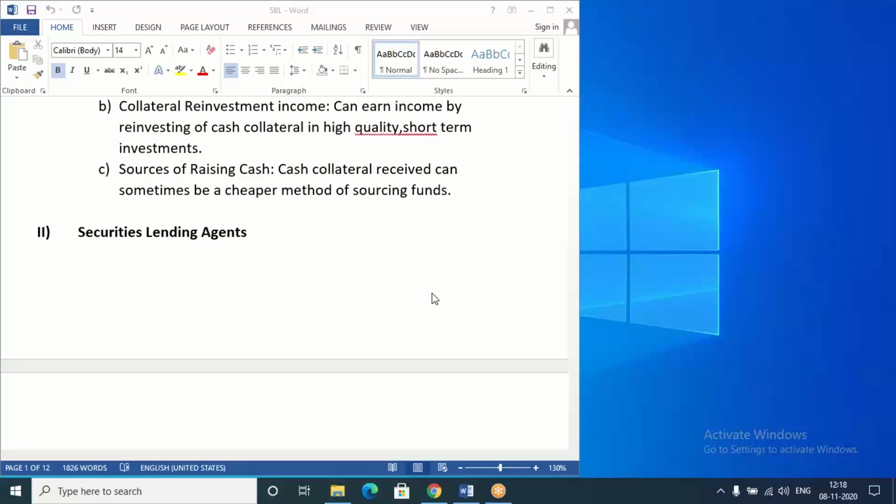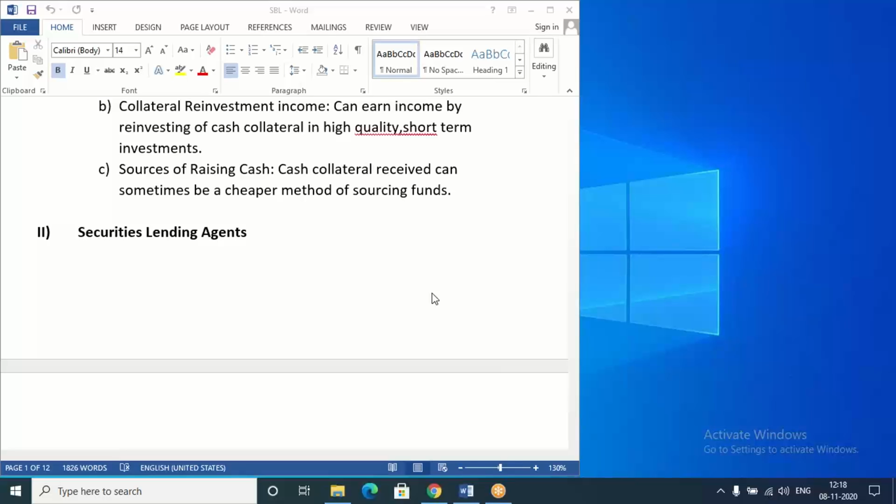Okay. The next participants that we're going to talk about are called securities lending agents. All this time we talked about lenders and borrowers, right? What are the chances that lenders know who all the borrowers in the market are?